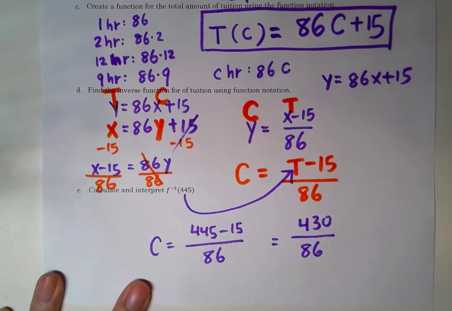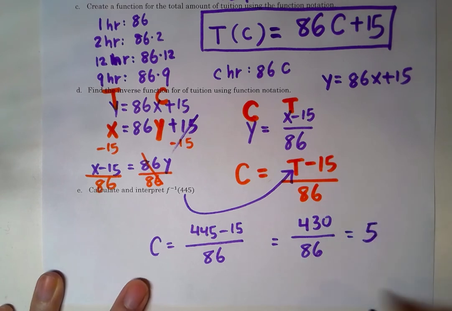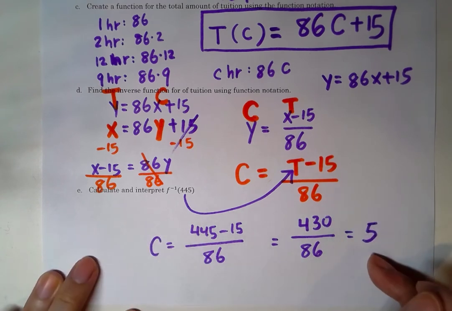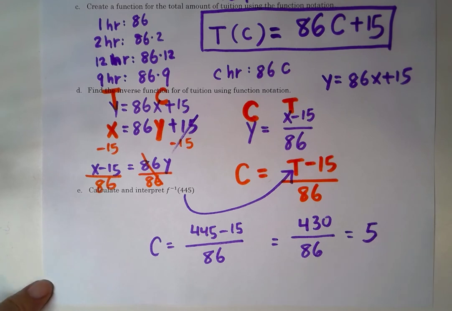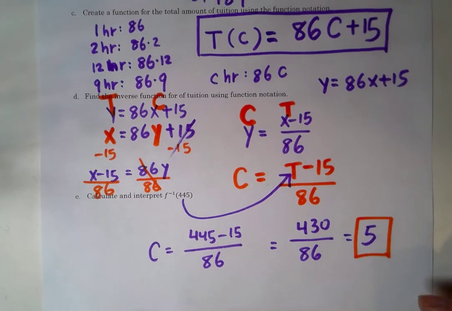And let's see what's 430 divided by 86. That's 5. So this student's taking 5 credits. So we get this answer. It's kind of hard, but the thing is, you set up the equation, and then you find the inverse function, and then you get the value.